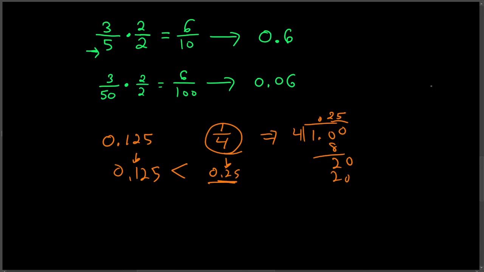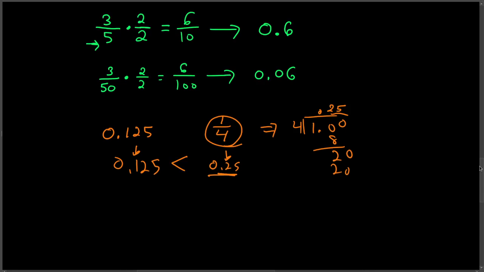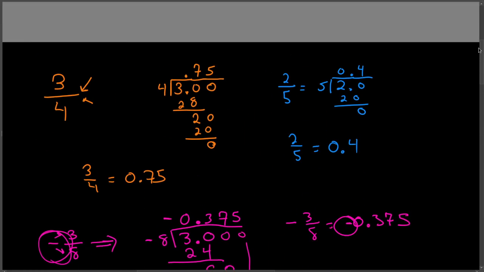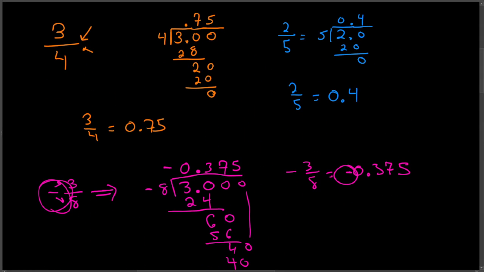And decimals follow the same order of operations that we had with whole numbers. All numbers and integers have the same order of operations. So we'll have our PEMDAS, and we work our way down.